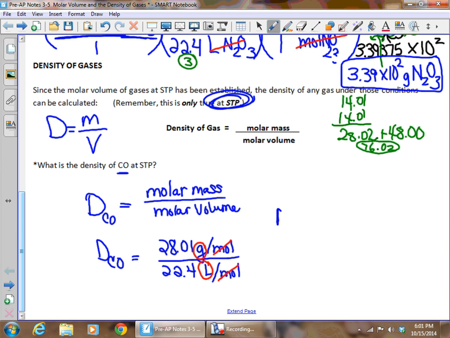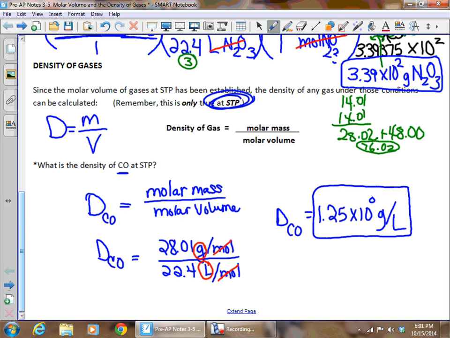So since we've got 28.01 over 22.4, we're going to divide, and we get that the density of carbon monoxide is going to be 1.25, 3 sig figs, times 10 to the 0, 1.25 times 10 to the 0 grams per liter for that density. In this case, since we've put the substance over here with density, we don't have to include it at the end of our problem with the unit.